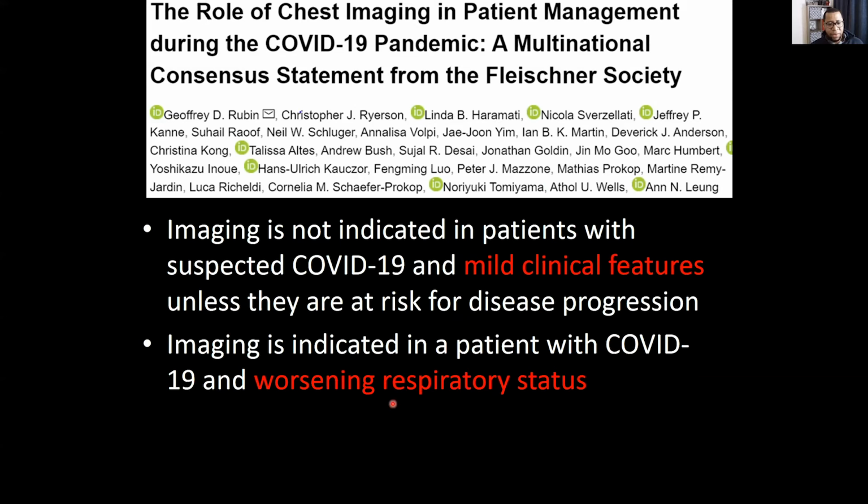So if they have worsening symptoms and you think they might have a pneumonia, you can start with a chest x-ray, and typically we, at least in the few institutions I've worked in over the last few years, try to limit it to chest x-rays. However, some institutions use more chest CTs. I mean, it really depended on the pulmonary doctors and practice patterns and what paper people read recently, I guess.